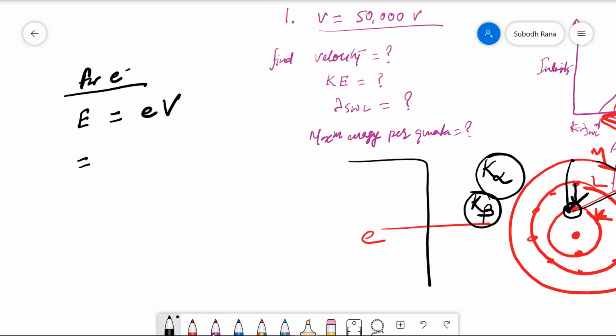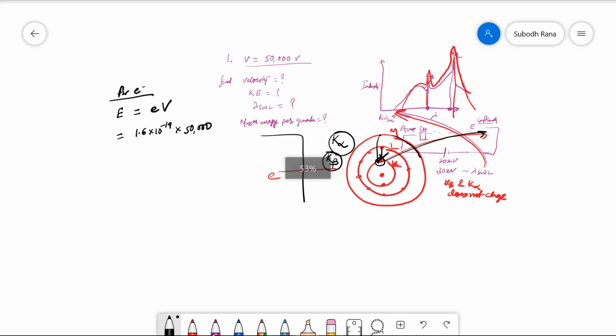So that will be equal to 1.6 into 10 power minus 19 into 50,000. This electrostatic energy will be converted into kinetic energy.